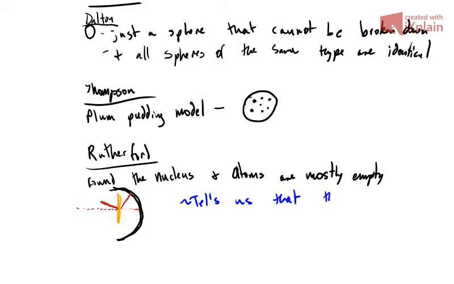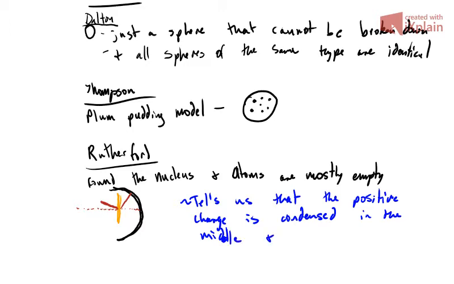that the positive charge is condensed in the middle, and since some particles pass through, the atom is mostly empty.